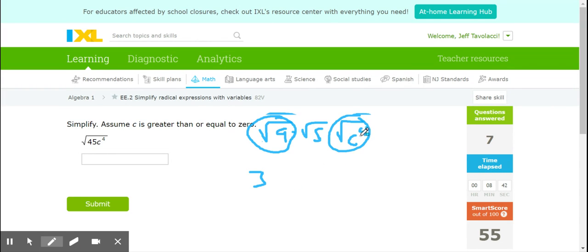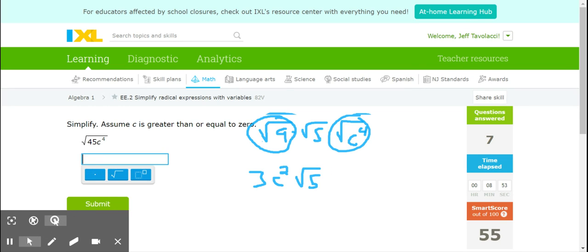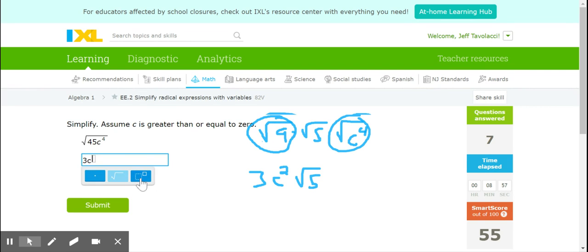Square root of c to the 4th, 4 divided by 2 is 2. So c squared is going to be the square root of c to the 4th. Square root of 5 we can't take, so it stays underneath the radical. So 3c to the 2nd power times square root of 5.